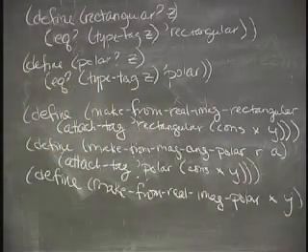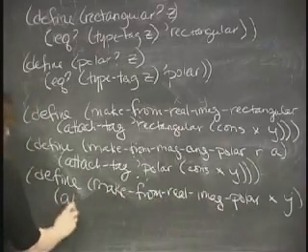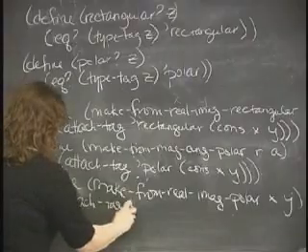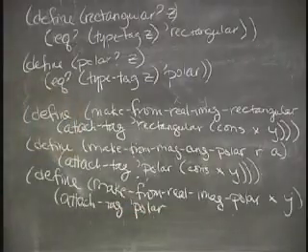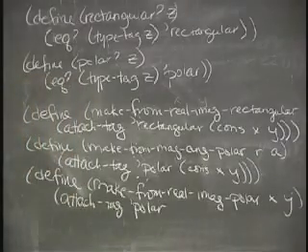Okay, so here we're making a polar number, so the tag we'll attach is polar. Now we're going to cons two things together, but we've got x and y, and we need r and a.